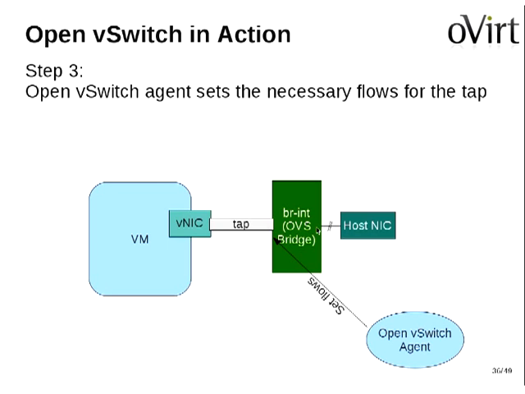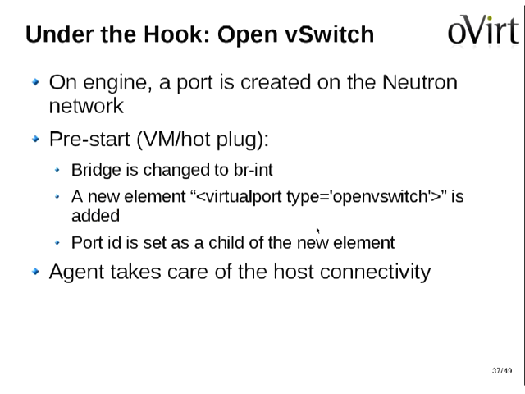So this is how basically Open vSwitch works. It's a high level. I know it's not too detailed, but I don't want to really dig inside. And how we use it, okay? So from oVirt perspective, what it does is actually on the engine side, when a VNIC is hot plugged or a VM is started with a VNIC, then a port is created for this VNIC on the Neutron network, right?